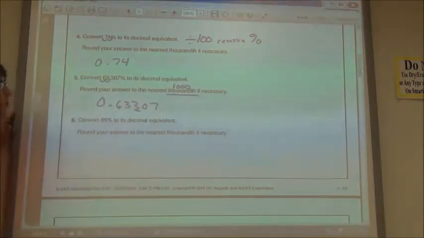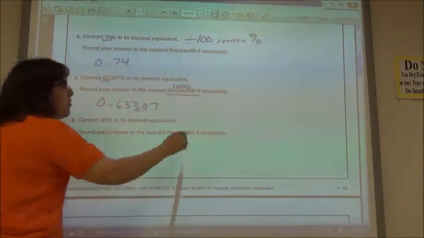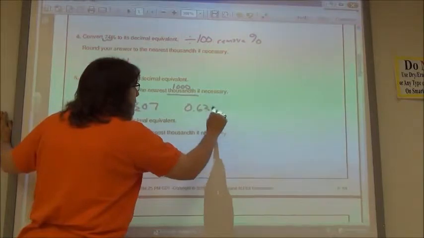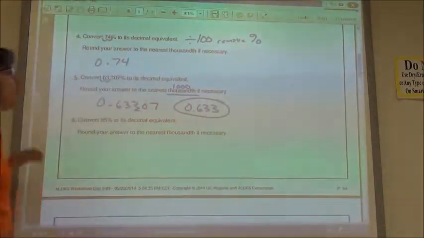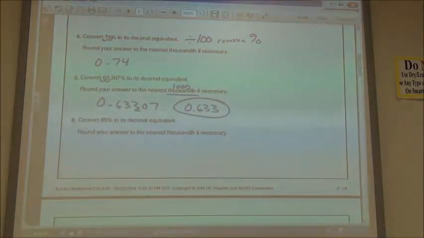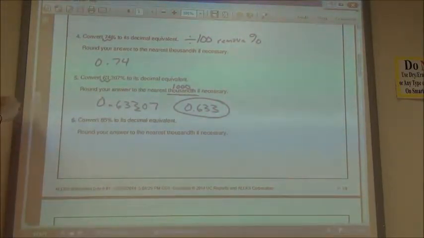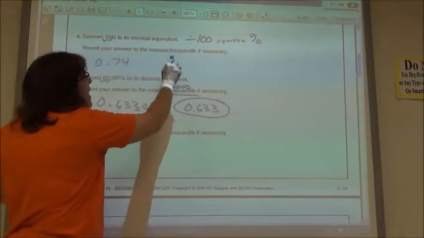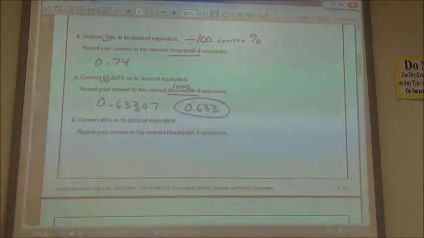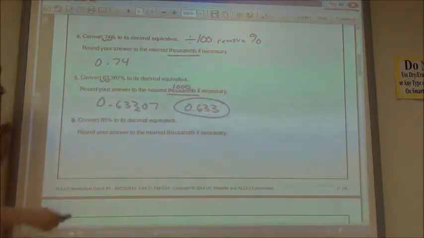And it went more than 3 places. So since that's a 0, we're just going to drop that off. And so 0.633 is what we're going to put in. This one was only in the 100th spot, so we didn't have to worry about rounding. But if it says thousandth spot, we only want 3 places after the decimal. If it's farther than that, we're going to round.